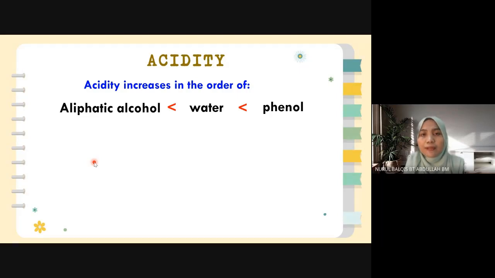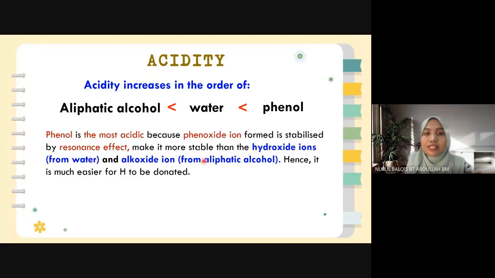So what is the explanation behind this trend? Okay, phenol is the most acidic because the phenoxide ion formed is stabilized by the resonance effect. This resonance effect comes from the benzene group. Do you still remember your chapter 6, benzene? In benzene, we know that benzene is an aromatic compound.